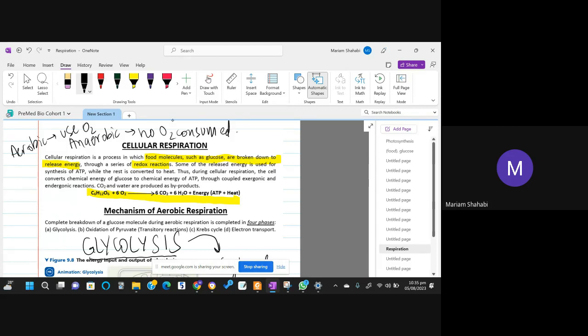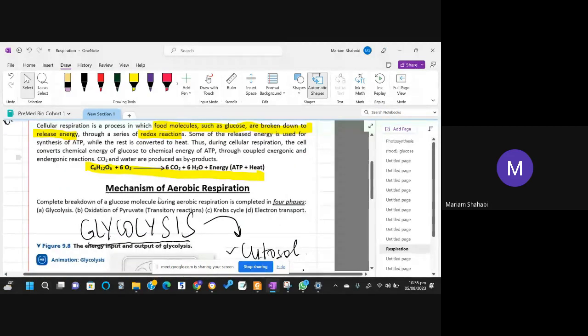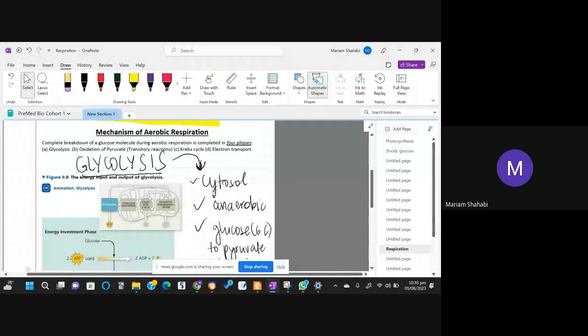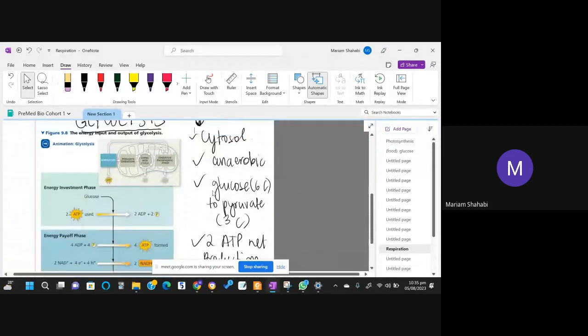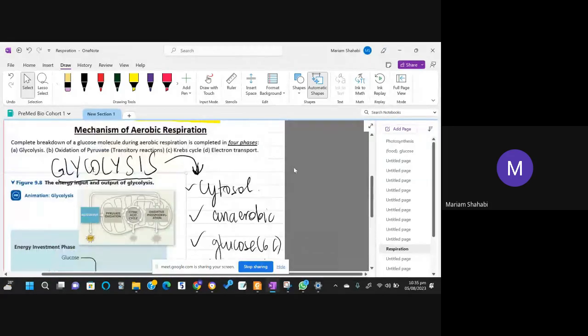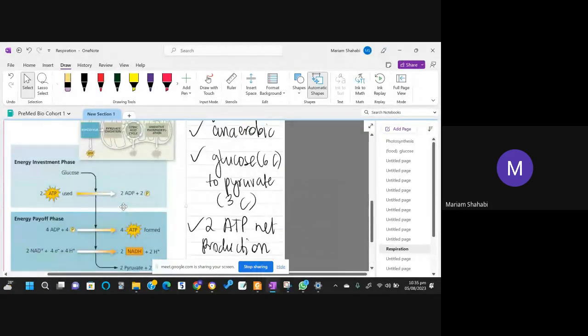Now, to complete the process of cellular respiration, there is an aerobic component as well as an anaerobic component, and glycolysis is the anaerobic component because we are not utilizing oxygen. The thing to remember is that it takes place in the cytosol. It is the anaerobic phase because no oxygen is used in glycolysis.